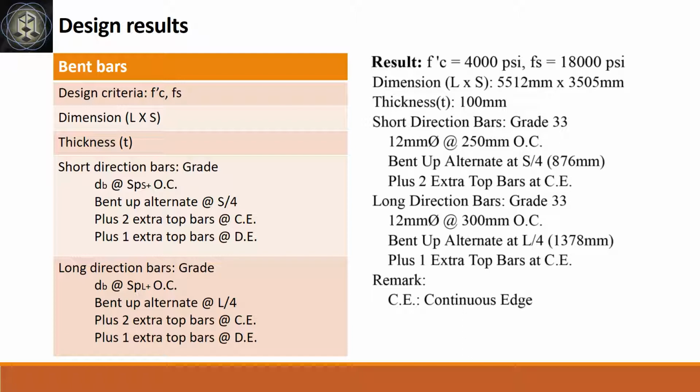Bent up alternate at S over 4 plus 2 extra top bars at continuous edge. Long direction bars of grade 33, 12 millimeter bar at 300 millimeters on center. Bent up alternate at L over 4 plus 1 extra top bars at continuous edge.